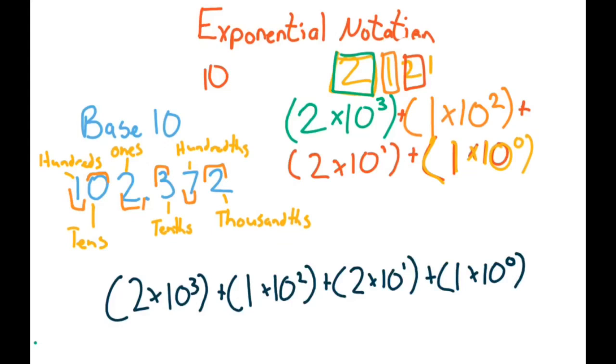And 10 to the 0th power would be 1, because any number to the 0th power equals 1. So this is just a really fancy expanded way of saying 2,121. When they're talking about expanded form, this is what they're talking about.